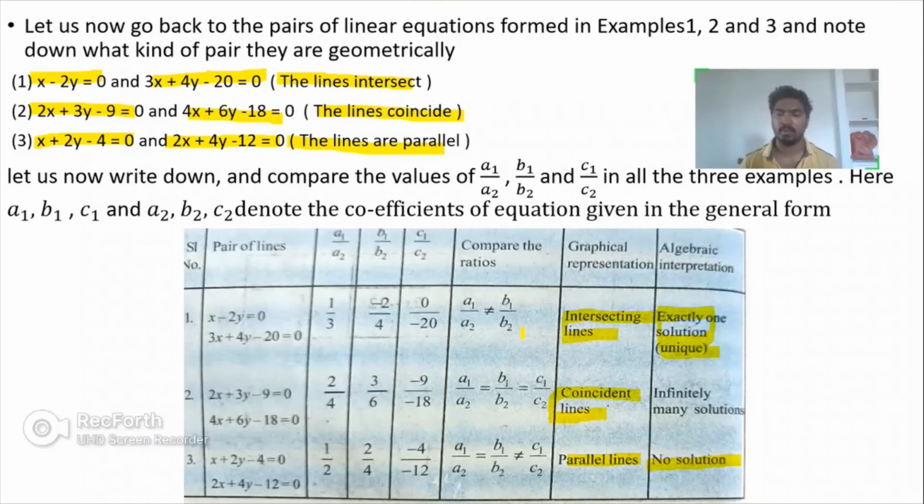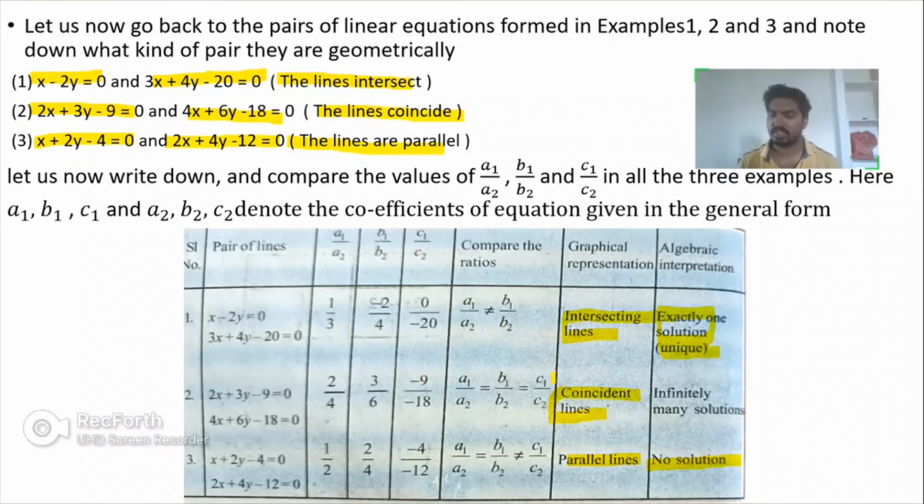Why? Because in the upcoming problems, they will ask us to check whether the given equations are intersecting lines, coincident lines, or parallel lines. Then we don't need to carry out the whole graphical process. We just have to find a1 by a2, b1 by b2 and c1 by c2 values, and see what the relationship between them is. If a1 by a2 is not equal to b1 by b2, then we can clearly say the two lines are intersecting lines.